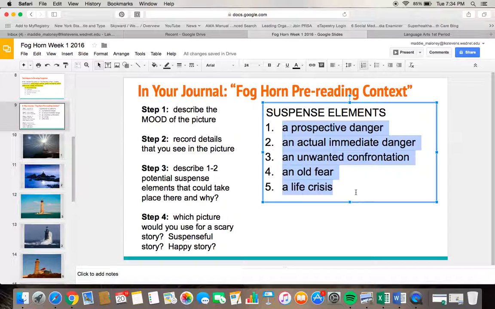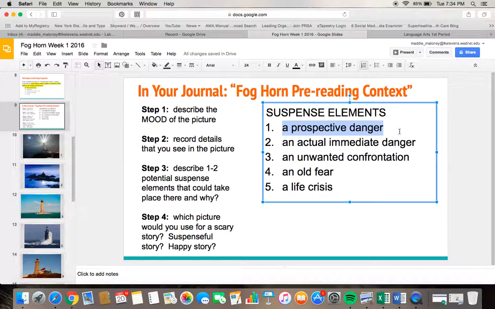So with each picture that we look at, what I want you to do is to simply elaborate on that picture and decide which one seems like it would fit best with one of these. So if you're thinking of a prospective danger, that means that danger could possibly happen. It could mean that maybe one of them kind of seems dark and alone.